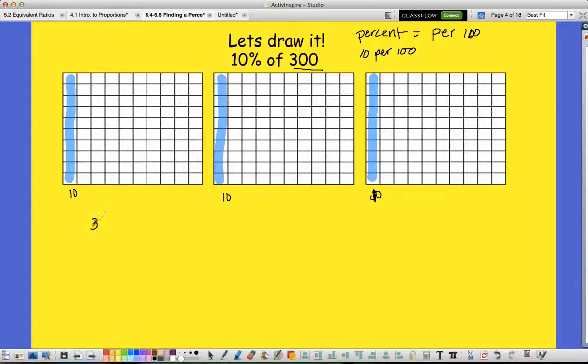So I know that 30 of Pat's friends have blue feathers. And then I also know how many there are total. I know 30 have blue feathers. So if I do the subtraction, I know that 270 do not have blue feathers.